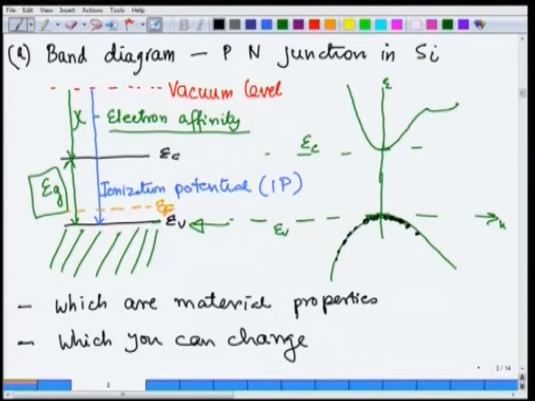The question is which are the material properties, meaning thereby once you say silicon, then they can't be changed, then that is what they are.